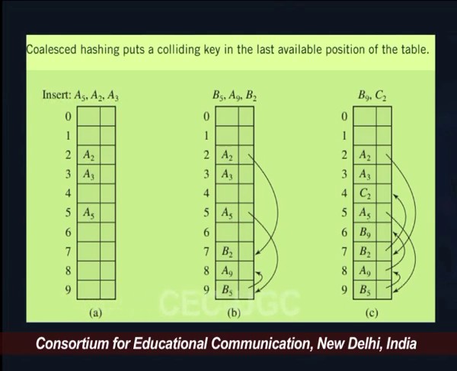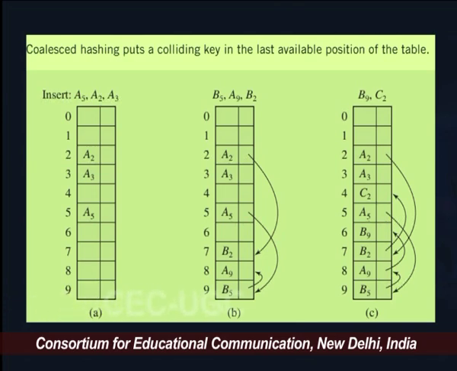It is the B5, because there is a pointer from B5 to A9. So, the key which is colliding with A2 is found at position number 7 by virtue of that link. The key which is colliding with A5 is going to get the position of 9, and the key which should have been at position 9 is available at position 8. So, you just need to follow the links.